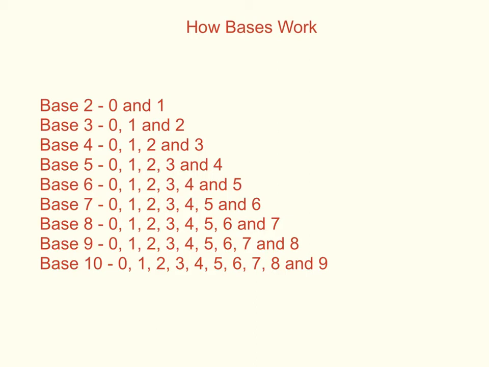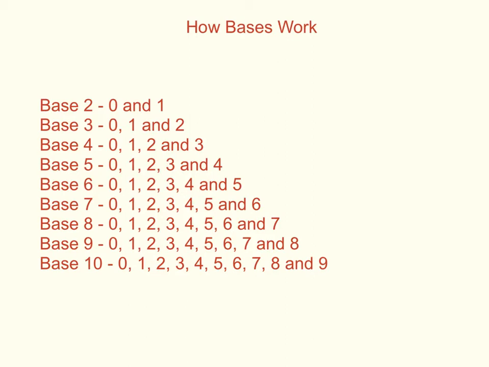And all the way down to 10, you've got 0 through 9. So what this is telling me is we're solving for something that may not be part of the whole number.